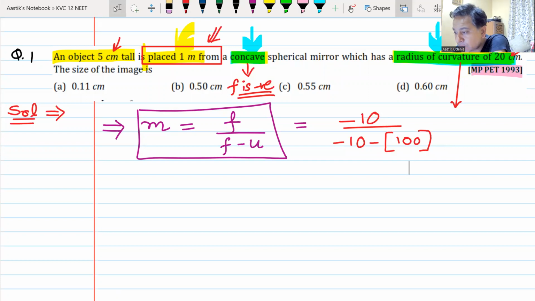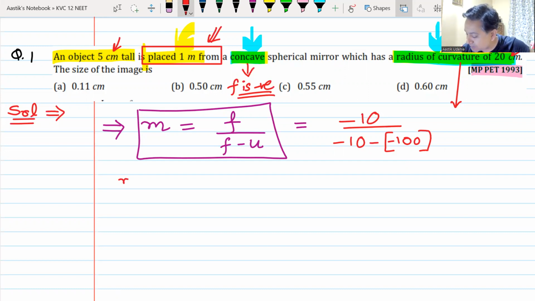Sir, it's minus 100. Why is it minus 100? Because we have to use everything with proper sign convention, my dear friends. And u is always negative. Did I tell you that or not? Yes, sir. Well done. And that is your answer for magnification.